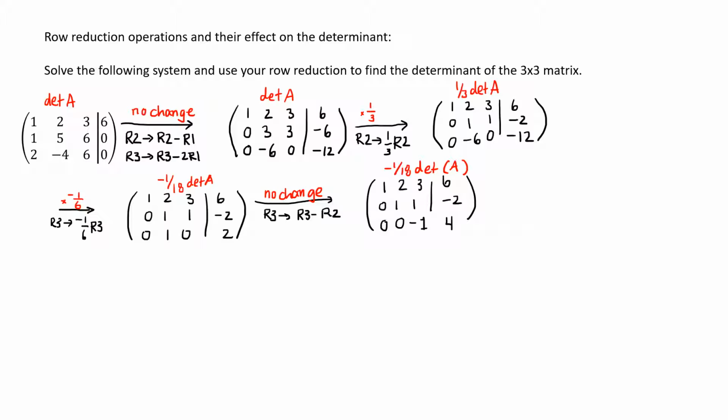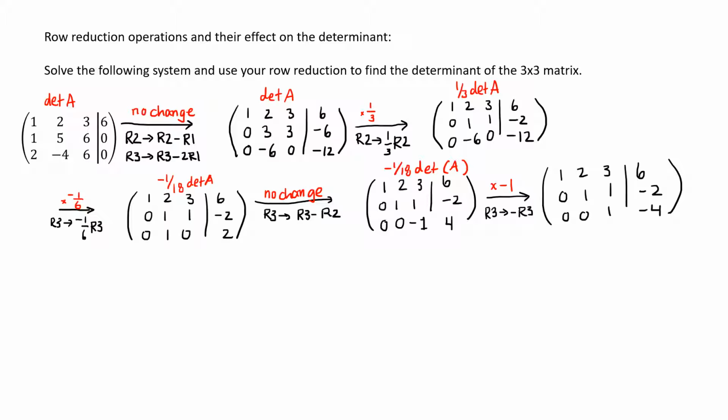Okay, so let's see, we can multiply row 3 by -1 if we wish to. That gives us 0, 0, 1, -4, because we took row 3 and we replaced it with negative row 3.